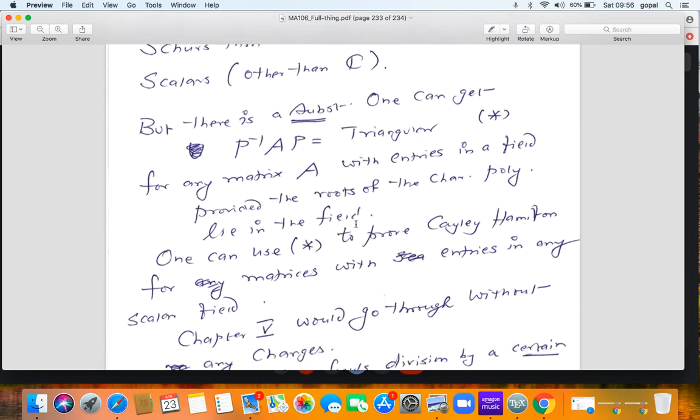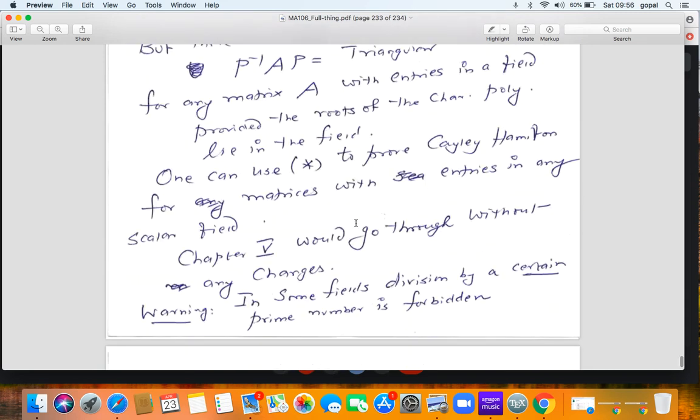The proof goes through word for word. So chapter 5 on diagonalizability will go through without any changes. You have to be very careful. There's only one small warning. There are fields which are called fields of finite characteristic. The characteristic of a field could be, say, 5. It's a prime number always.